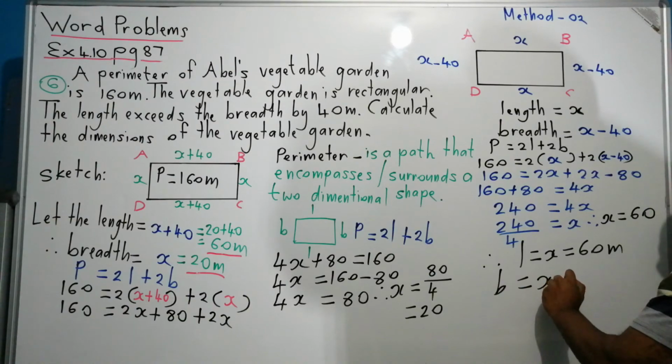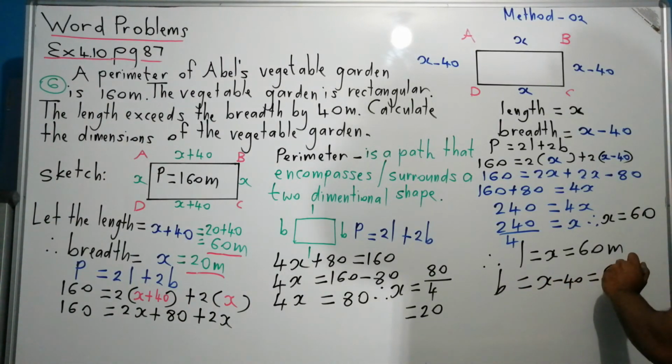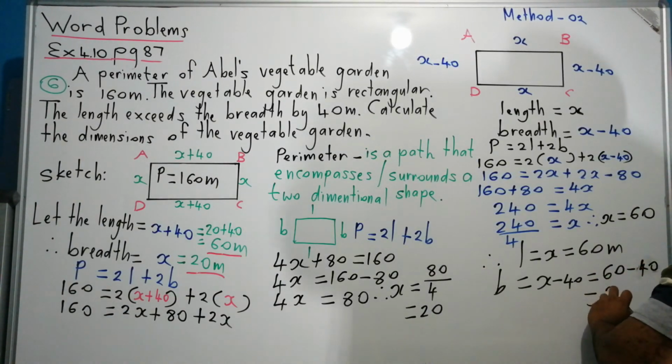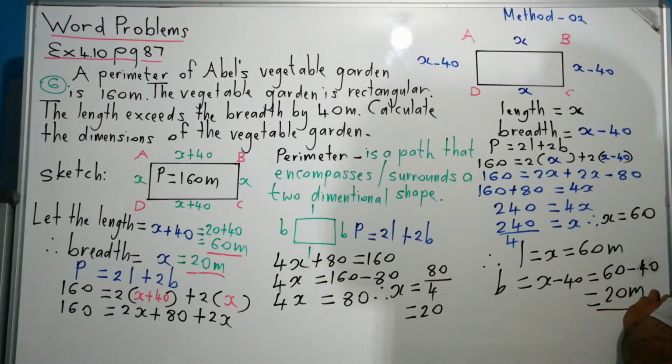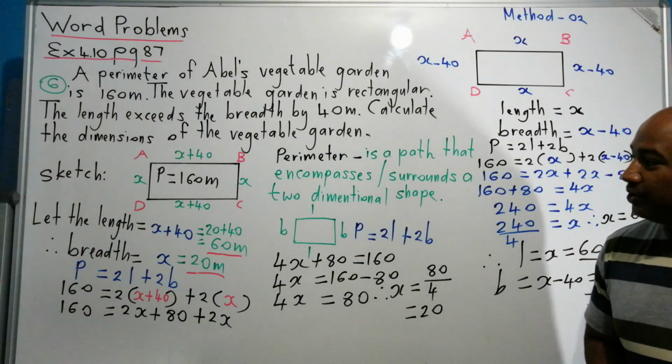So that will be 60 minus 40, which is equal to 20 meters there. Alright, so your final answer must be the same no matter which way you deal with it.